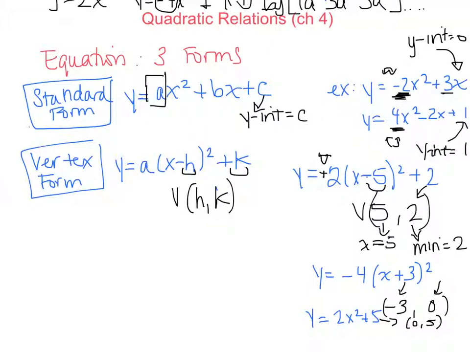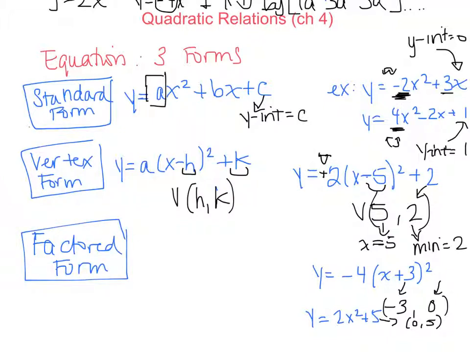The third form of the quadratic equation is factored form. Factored form allows you to easily read the roots or the x-intercepts of the parabola from the equation. So it looks like y equals a(x minus r)(x minus s). There are two brackets, and in each of those brackets we can read our roots. So again, we change the signs.